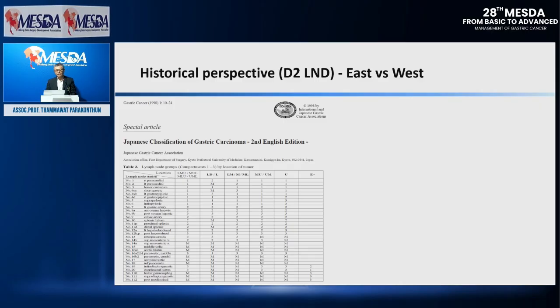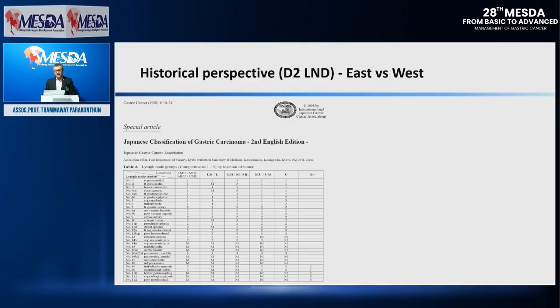In the English version of the Japanese gastric cancer treatment guidelines at the beginning, they used very complicated data to recommend the lymphadenectomy. They recommended using this table to remove lymph nodes according to the primary tumor. But it was very difficult to remember, and very complicated to do the surgery according to this recommendation.